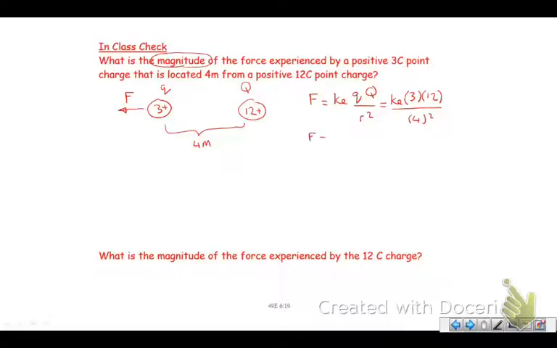So F is equal to 3 12s are 36, 36 over 16 Ke, which equals, what's that going to be? That's going to be 18 over 8? 9 over 4, thank you. 9 over 4 Ke, which equals 2.25 Ke.